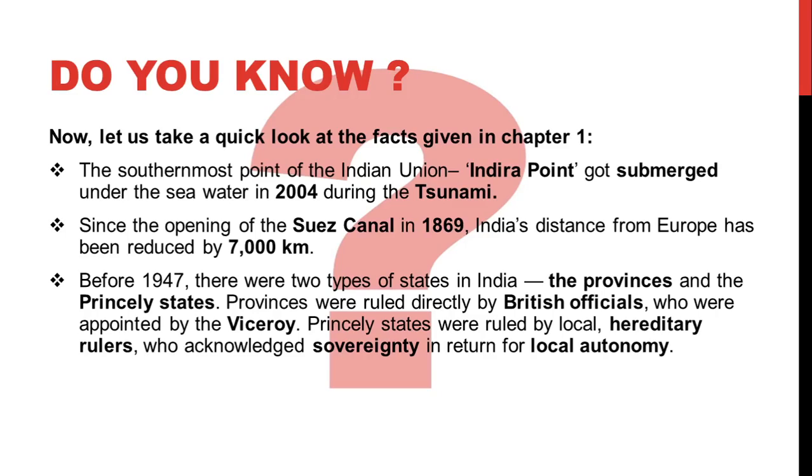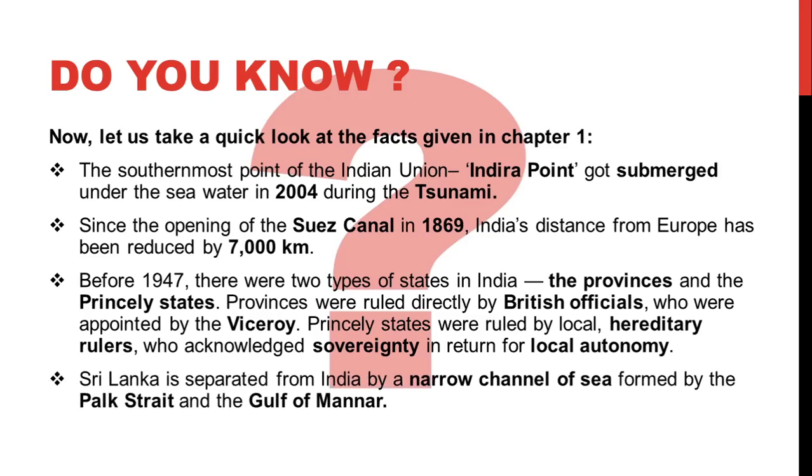Princely states were ruled by the local hereditary rulers who acknowledged British sovereignty in return for local autonomy. Sri Lanka is separated from India by a narrow channel of sea formed by the Pak Strait and the Gulf of Mannar.